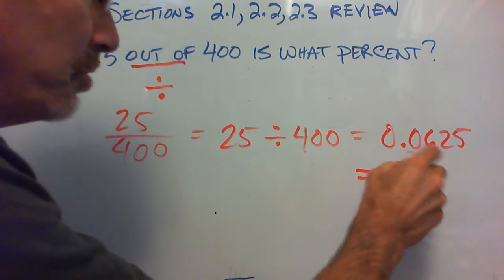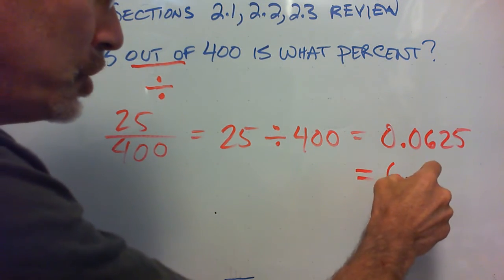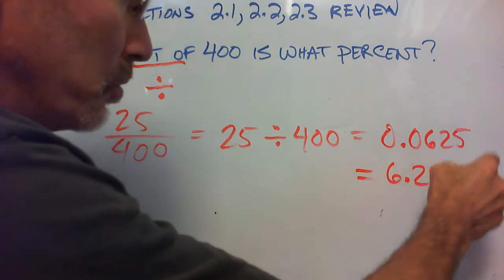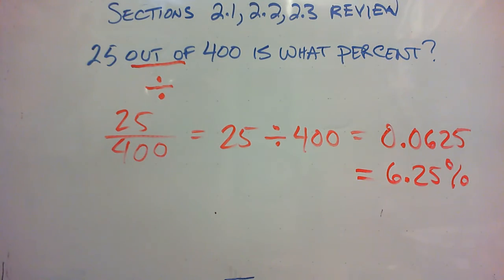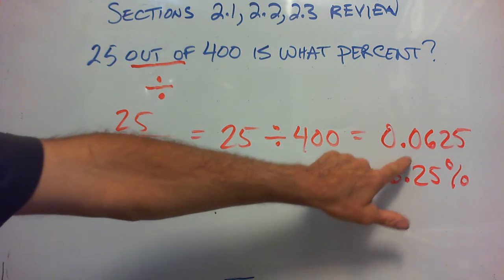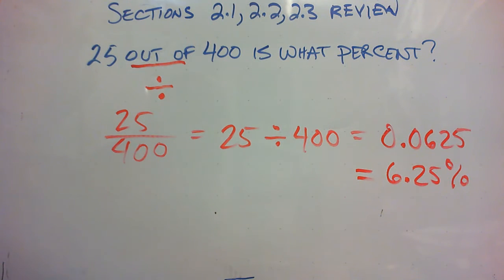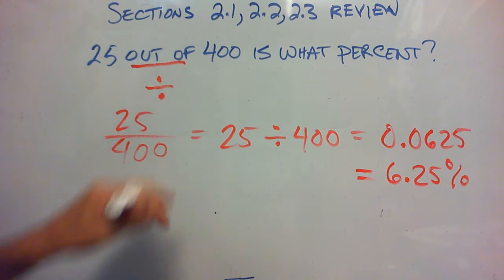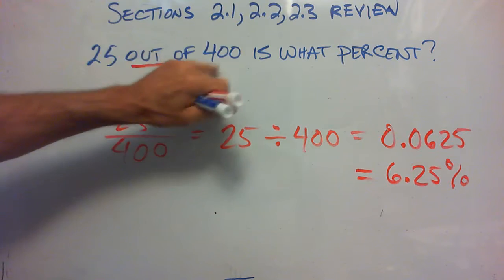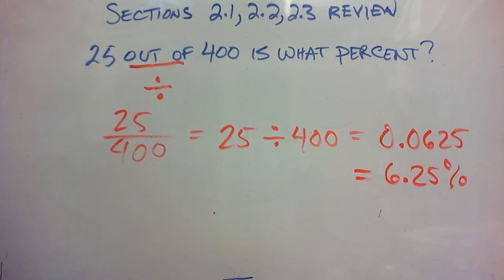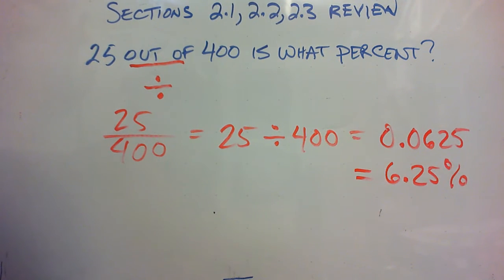We just turn that into a percent by moving the decimal point 2 places. Remember the rule of 2 places. The percent is the bigger number, so we move it to the right 2 places. So it's 6.25%. That's the way I would recommend for these out of problems. Divide out the numbers, turn it into a percent.